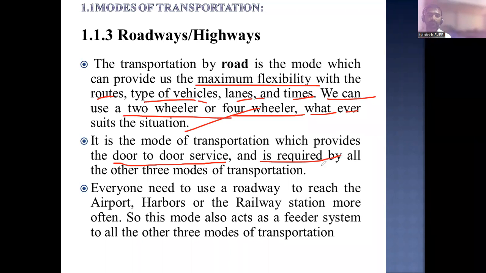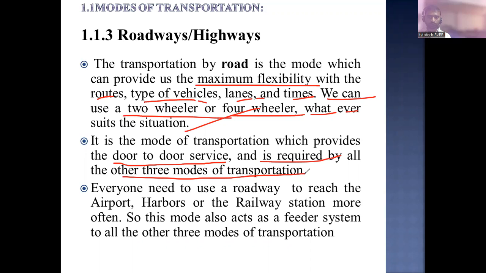Roadway is required by all other three modes of transportation. If you want to go by waterway, you have to travel some distance by road and then go by the waterway. If you want to go by railway, you have to travel from your house to the railway station by roadway.